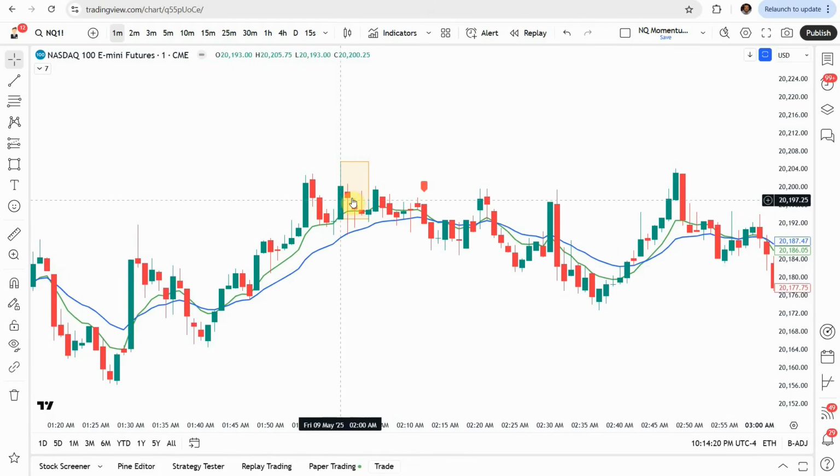And in this particular case, these setups right here, where they appear at the end of a trend push, often lead to a reversal. So in this case, you can wait for the box to close and appear. You can then look for price to push up a little bit and then start to reject back to the downside.